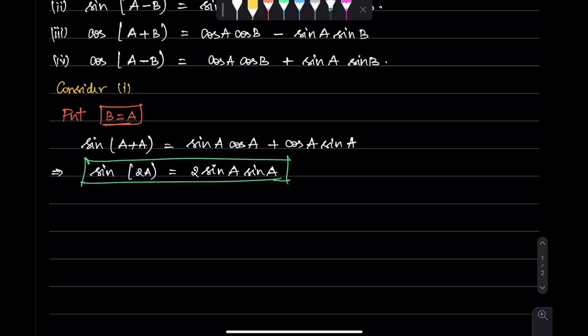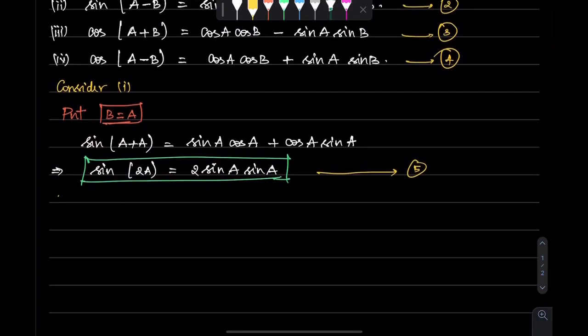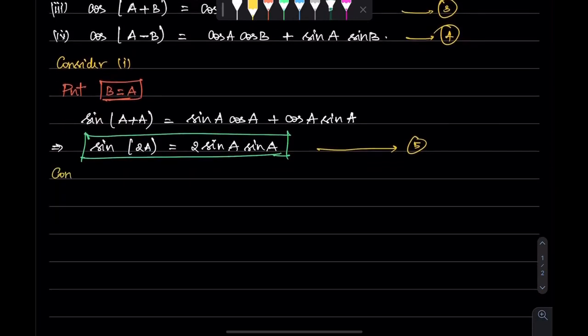Now let us consider the second one. Let's name these first result, second, third, fourth. Now what we got here is the fifth one. Consider the third one. Again you put b equal to a here. So what do we get, children?